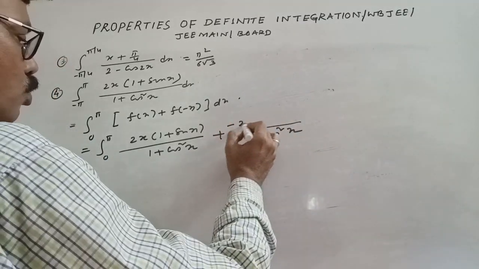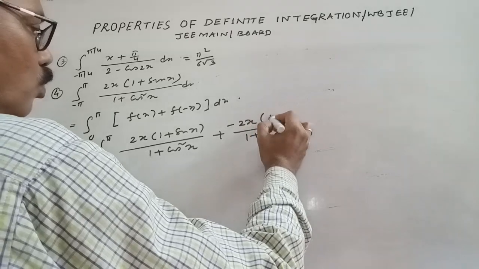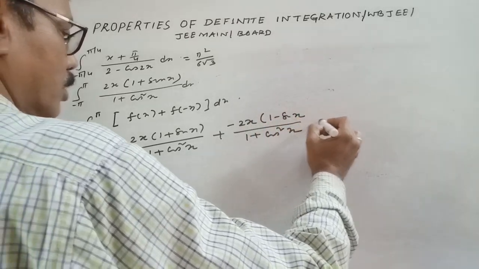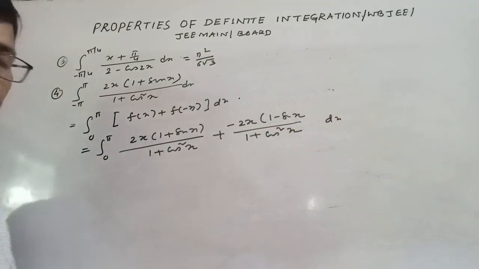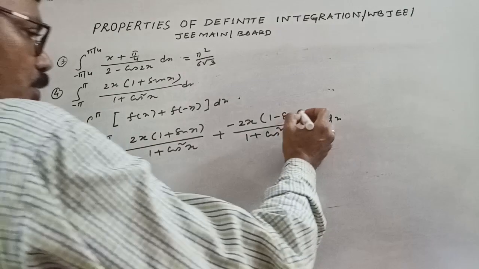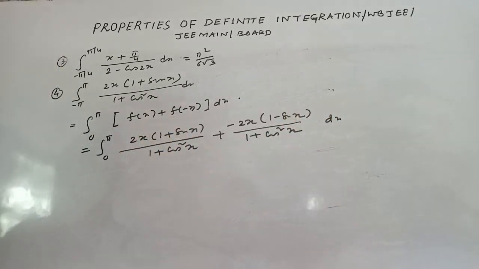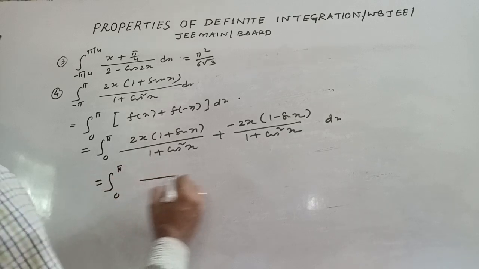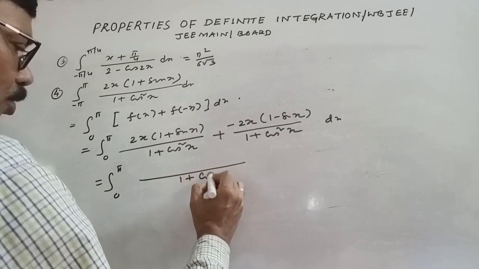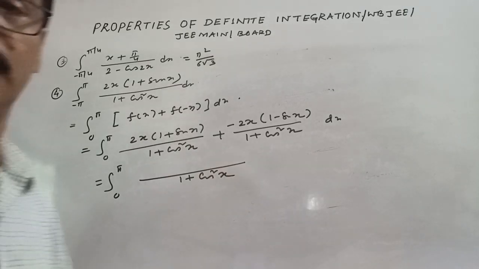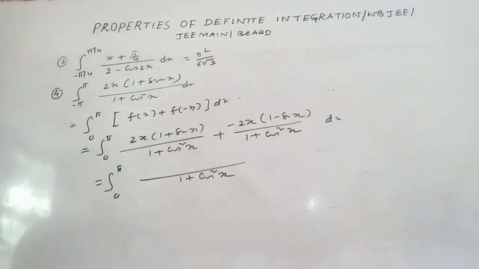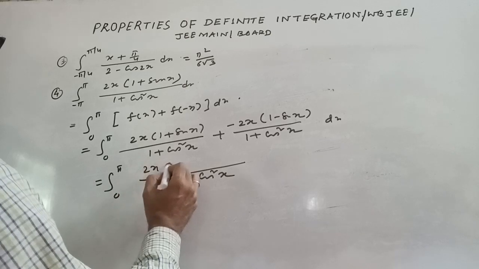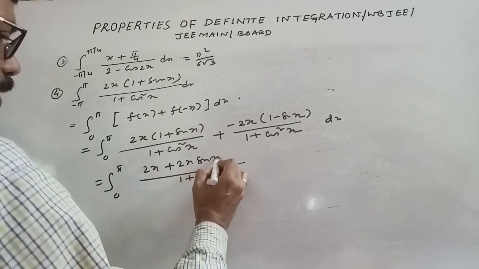This is minus 2x and this is 1 minus sin x, since sin of minus x is minus sin x. Now with the same LCM, you are getting 1 plus cos square x.